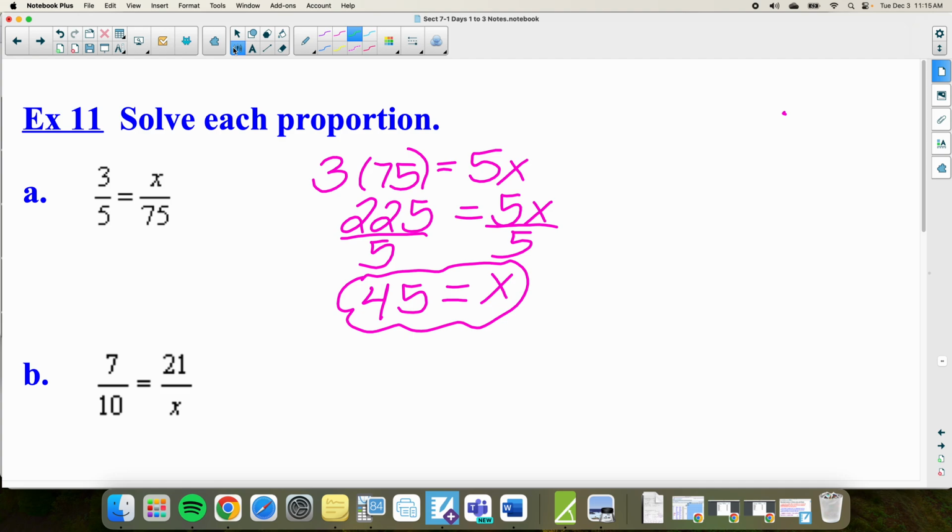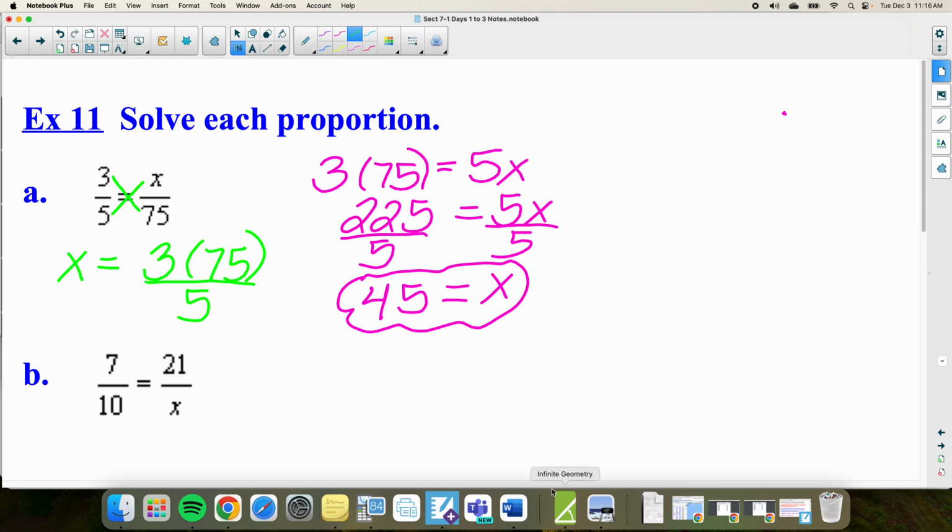Okay? How you do this is you find the 2 numbers that are across from each other that are not variables, and you multiply them. So you're going to go into your calculator and you're going to go 3 times 75, and then you divide by the one that's opposite your x.